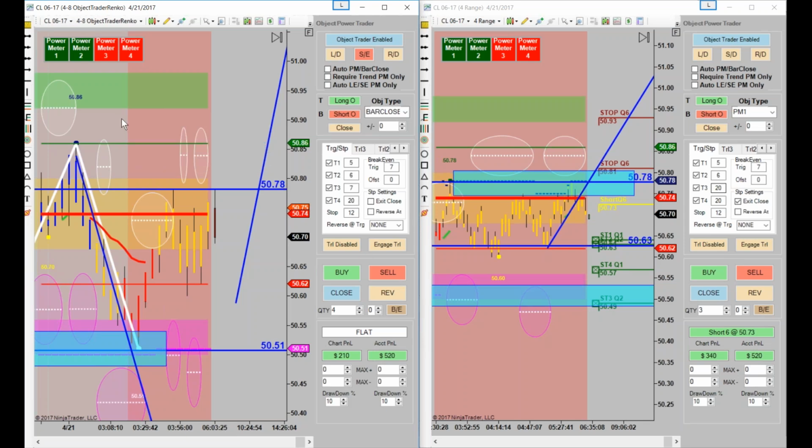Let's see. You're at 50.78 and it's been down to 69. So that's a 9-tick bar already and hadn't even closed. $78, $68, there's 10 ticks.